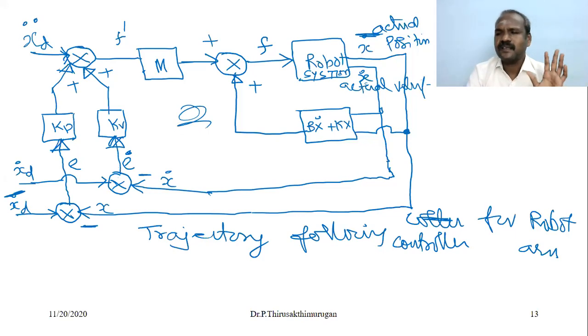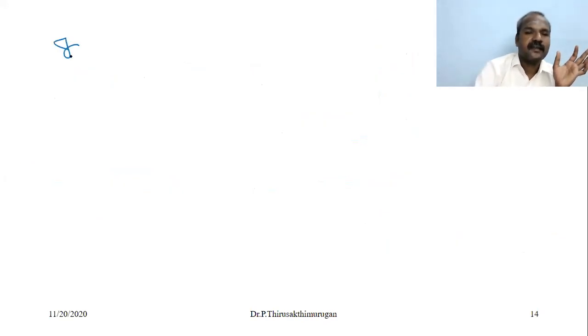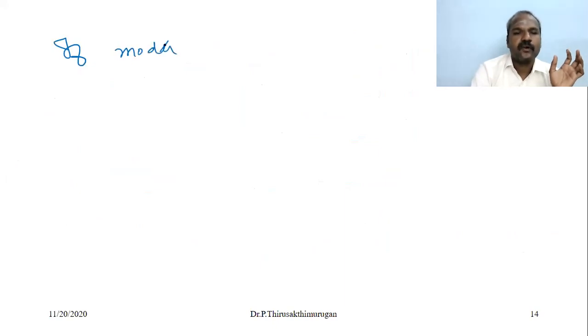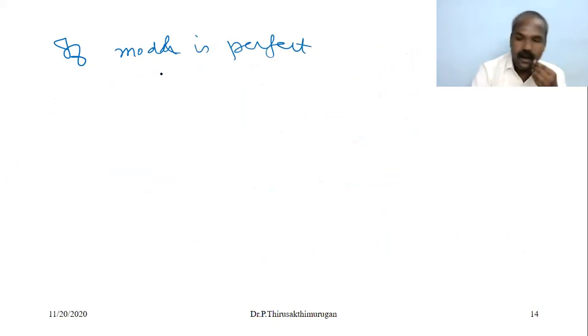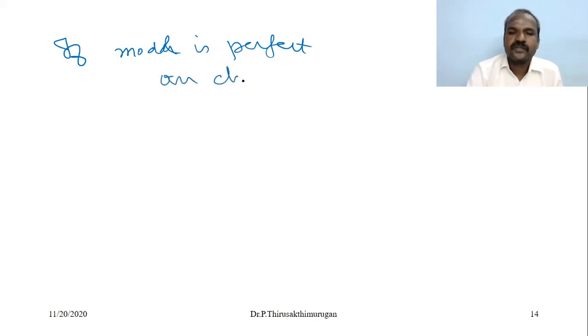So if our model is perfect, our knowledge of m, b, k, okay, this is based on the linear model, right?